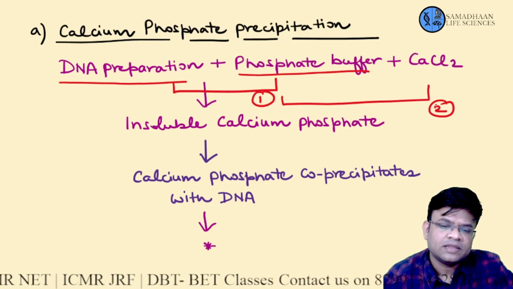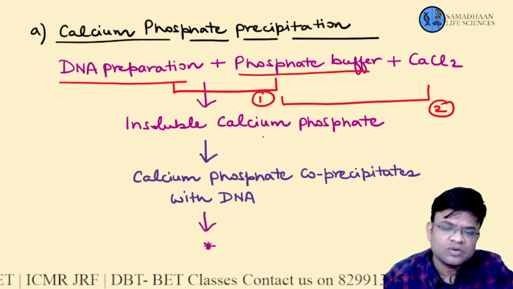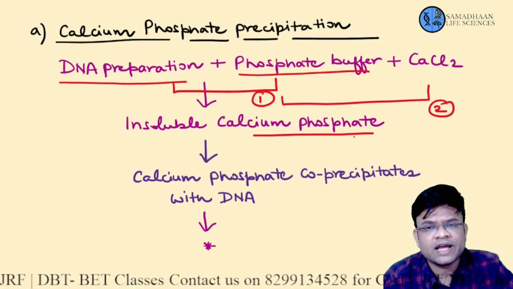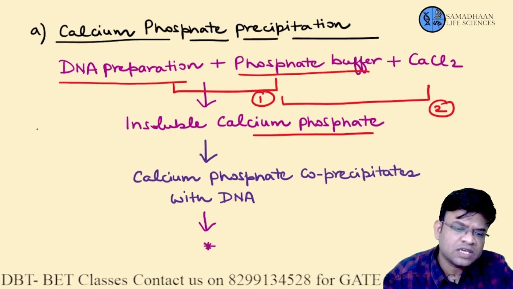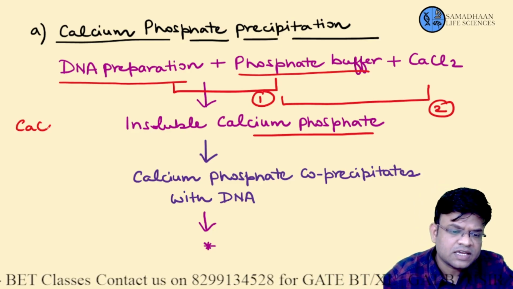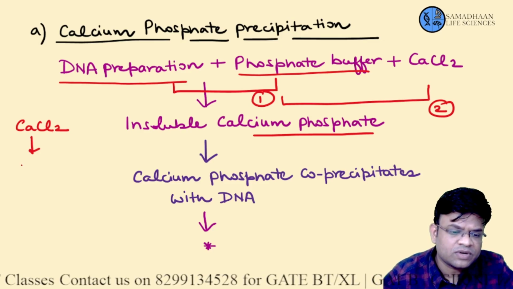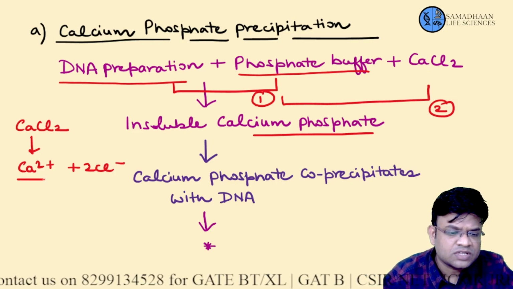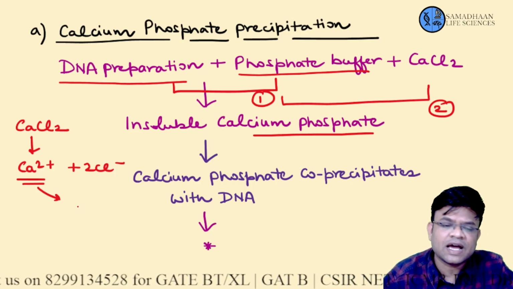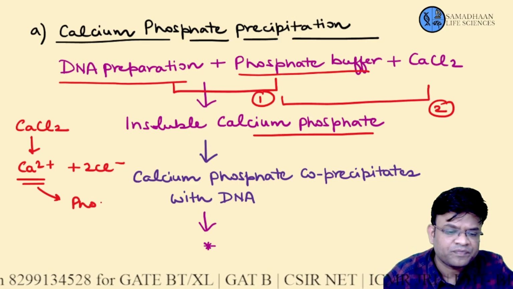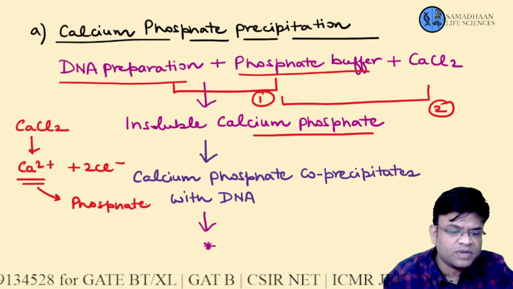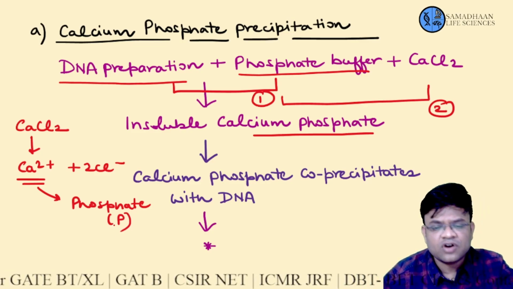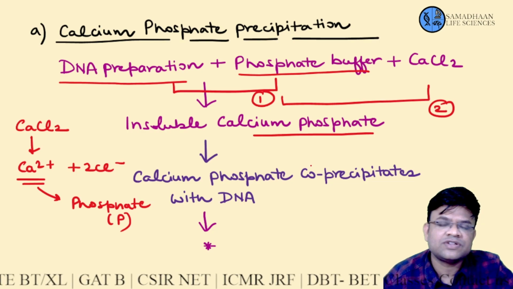Then what happens is insoluble calcium phosphate will be produced. Why will insoluble calcium phosphate be produced? Because, you see, calcium chloride, CaCl2, will break down into Ca2+ and 2Cl-. So these calcium ions would be attaching to the phosphate, and this would form an insoluble calcium phosphate.